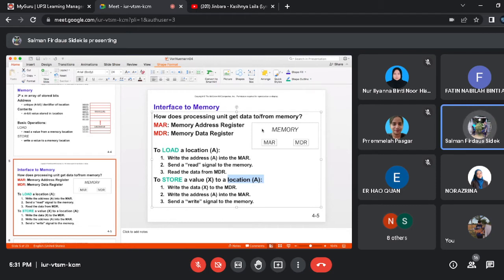The data is still in MDR, not in the memory. MDR tu kecil saja, dia macam buku log, just a small part of a memory. So after the write signal is sent by the control unit to memory, what is happening to the data in the MDR?